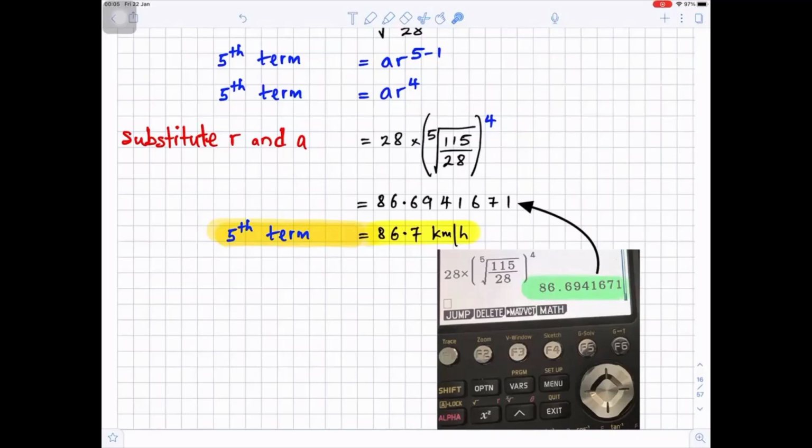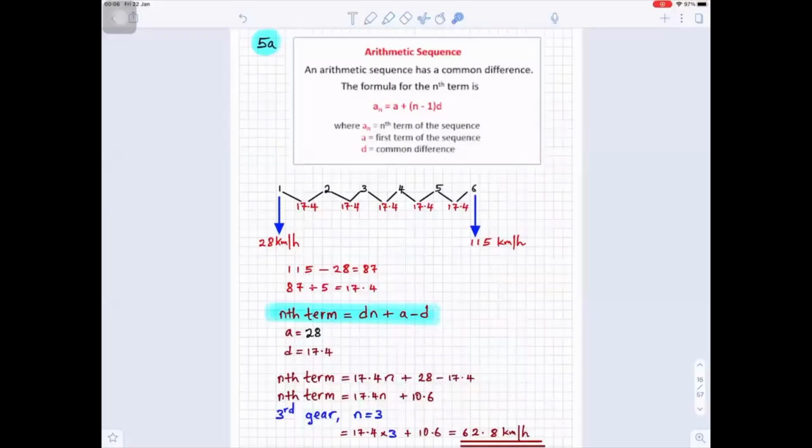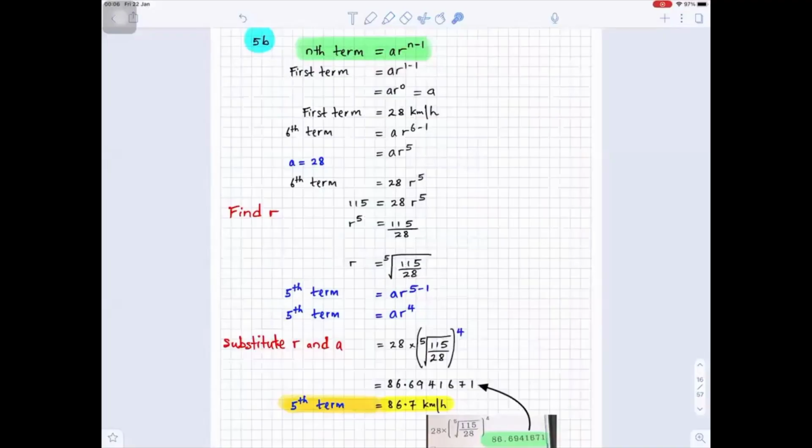And to round it to one decimal place, you put a line after the 6, and the 9 is bigger than 5. You add it to 6, it becomes 86.7. So that's your complete answer for question 5A, 62.8 kilometers per hour. And your answer for question 5B, 86.7 kilometers per hour.